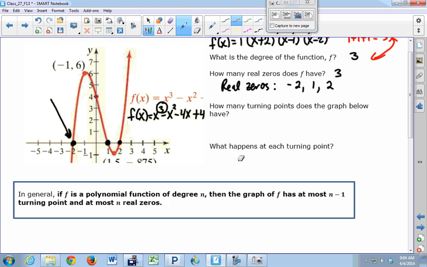How many turning points does it have? Tyler? What are they? Right, so the 2 turning points, the coordinates are negative 1, 6. That's a relative maximum.